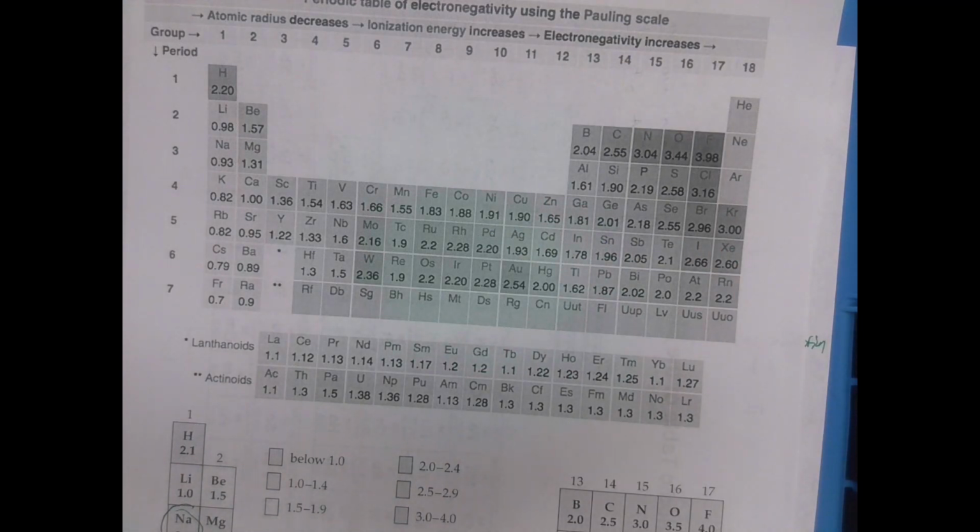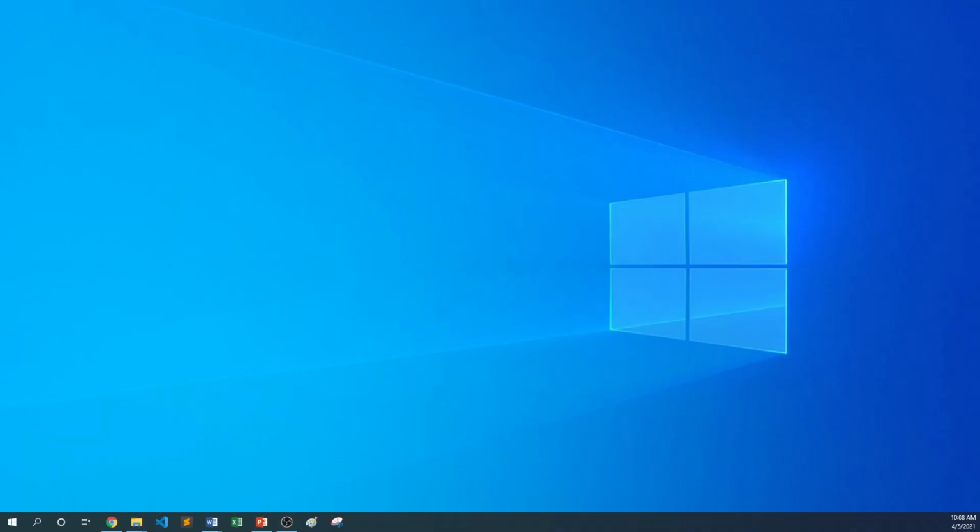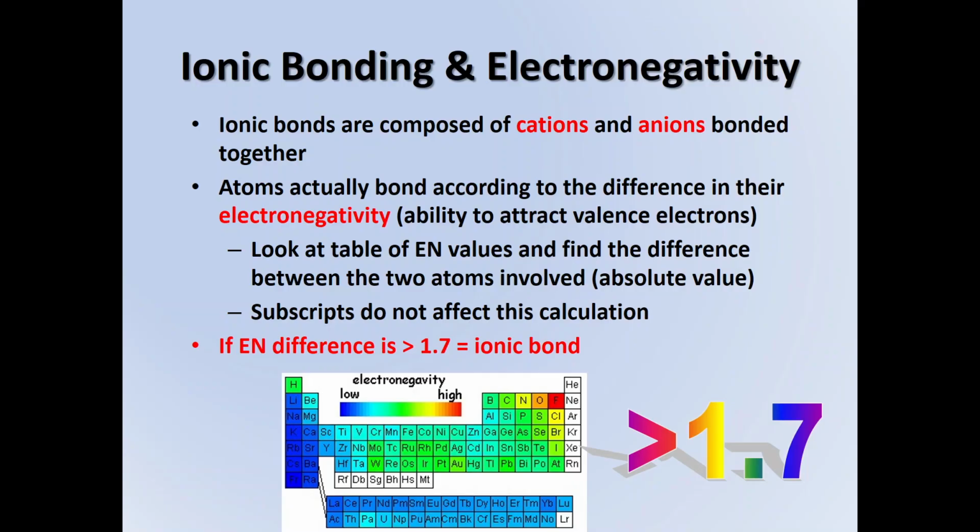We just arbitrarily said anything greater than 1.7 we will call ionic. So we saw that the EN difference of NaCl is 2.1. 2.1 is greater than 1.7, so table salt is ionic.